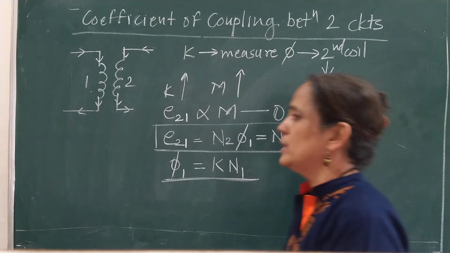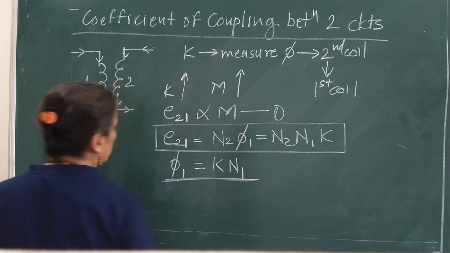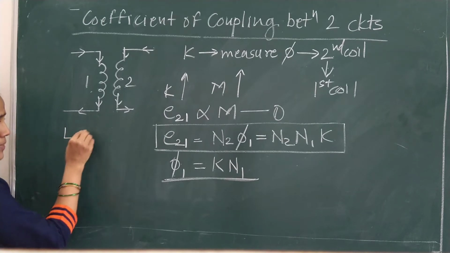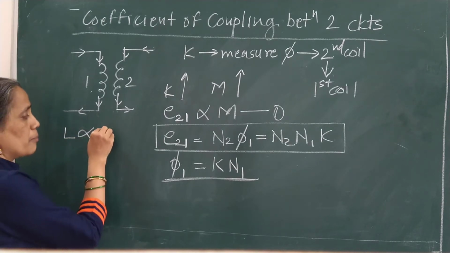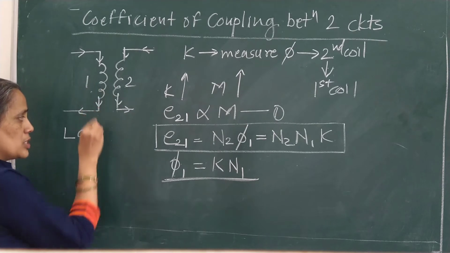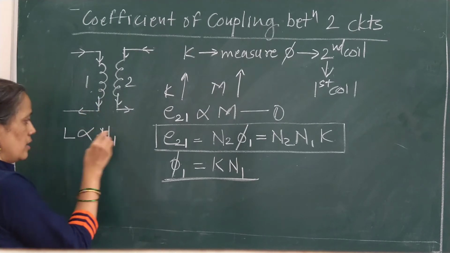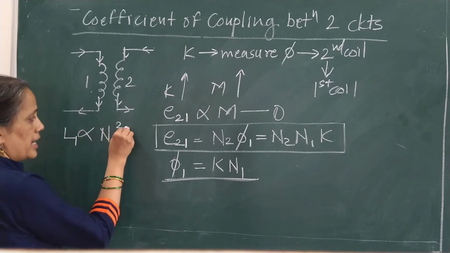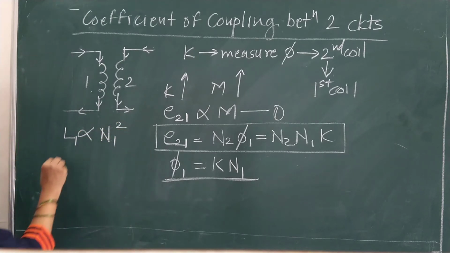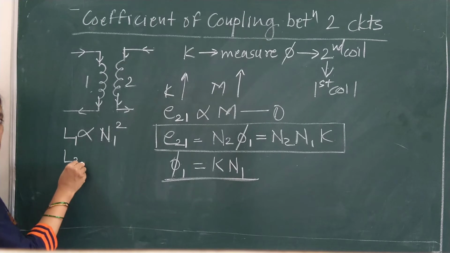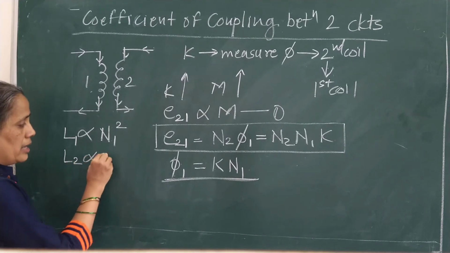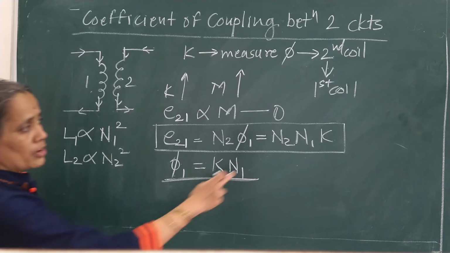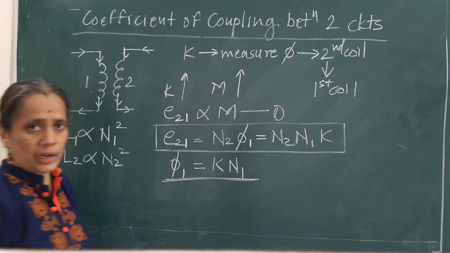Now we know that in self-inductance we derived the relation that self-inductance L is directly proportional to the number of turns. The first coil has N1 turns, so the self-inductance of the first coil is directly proportional to N1 squared. Secondly, L2, the self-inductance of the second coil, is directly proportional to N2 squared.